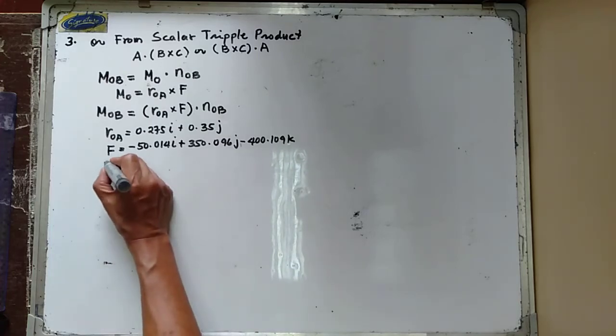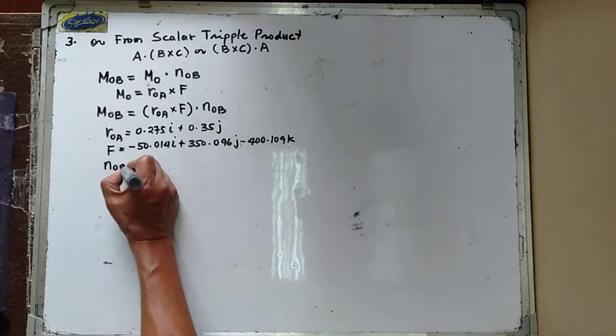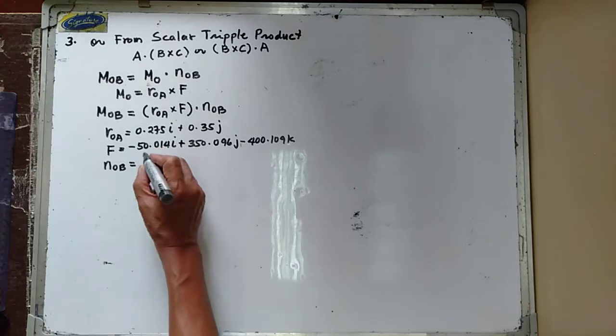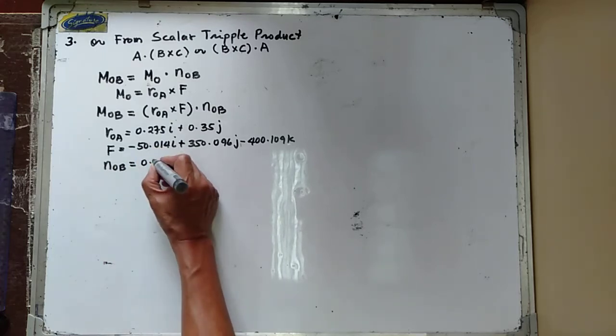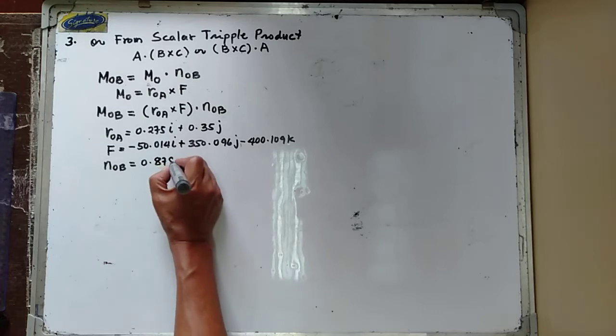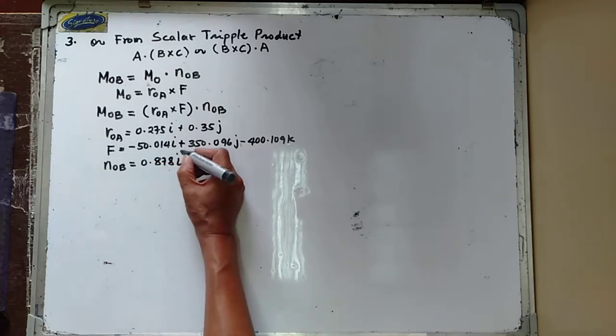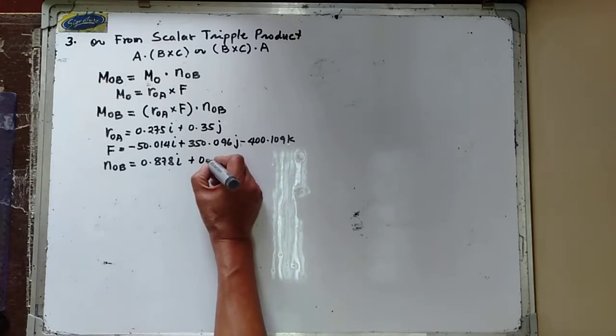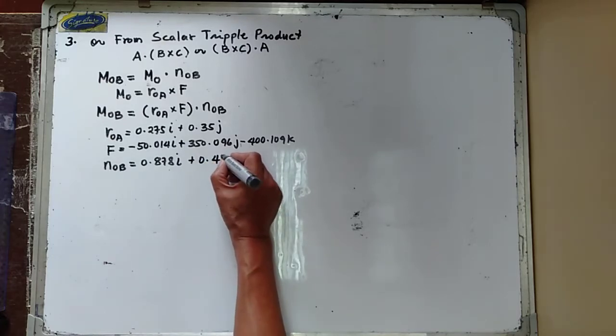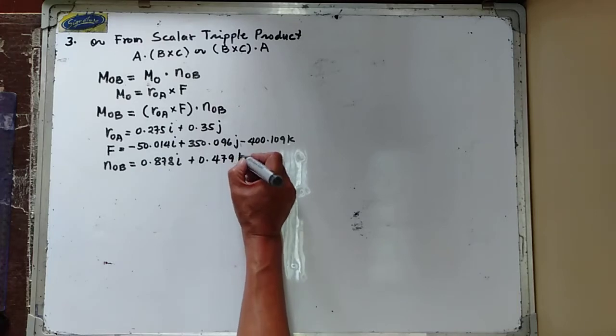And the unit vector OB is equal to 0.878I plus 0.479K.